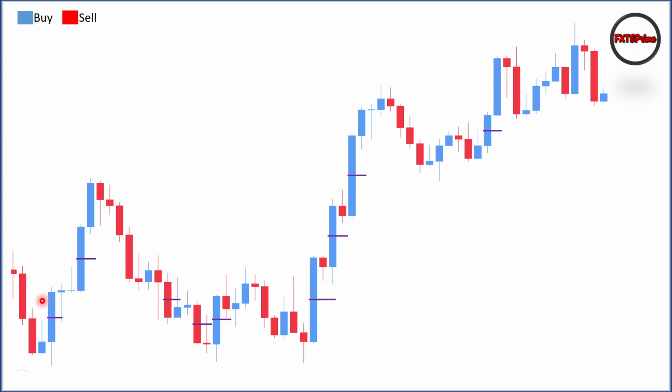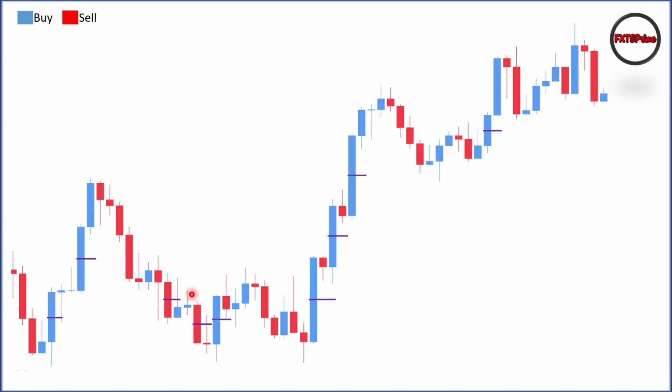If you take this candlestick here, you will see that we have put the purple line on the 50%, and you can see the other candle after it has already crossed the 50% and has been overlapped with the previous one. So we call this overlapping.